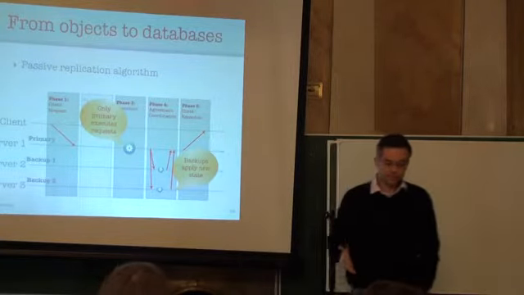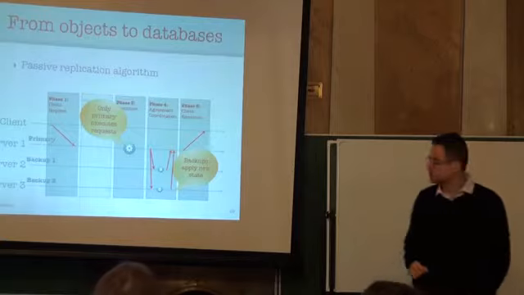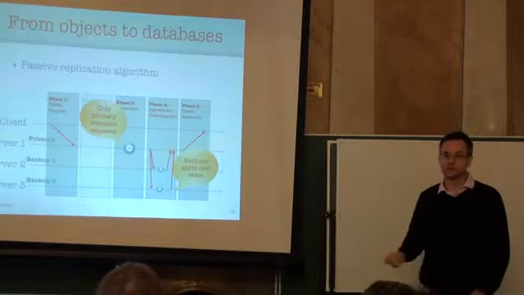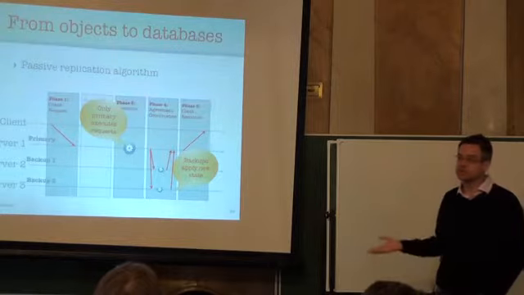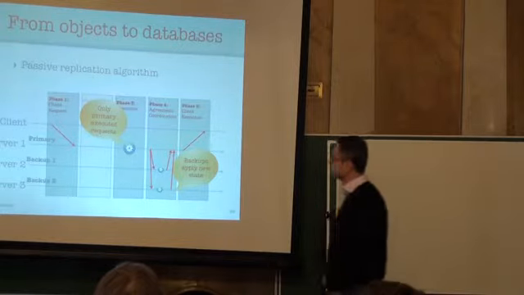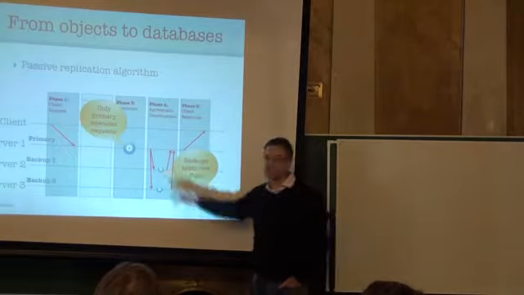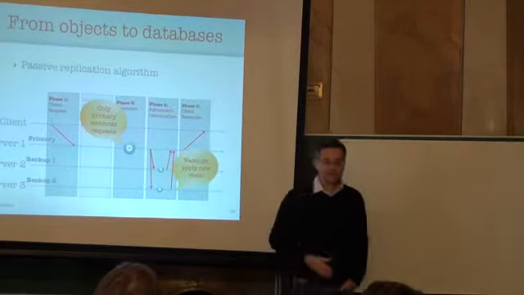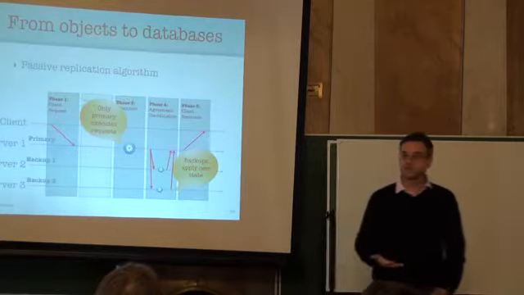So it's pretty simple. If a primary crashes, then one of the backups is going to take over. You can totally order all the servers based on their IDs, for example, and this order is going to tell which server is going to be the next primary in case the primary crashes. So I remind you that we are using a perfect failure detection mechanism.